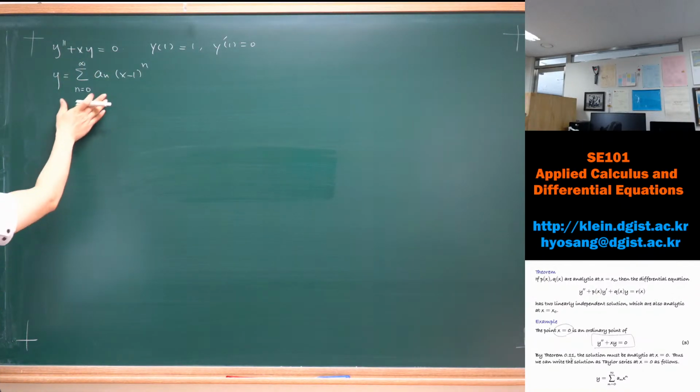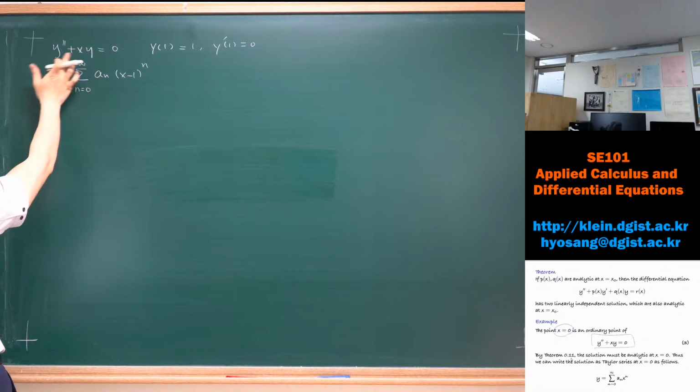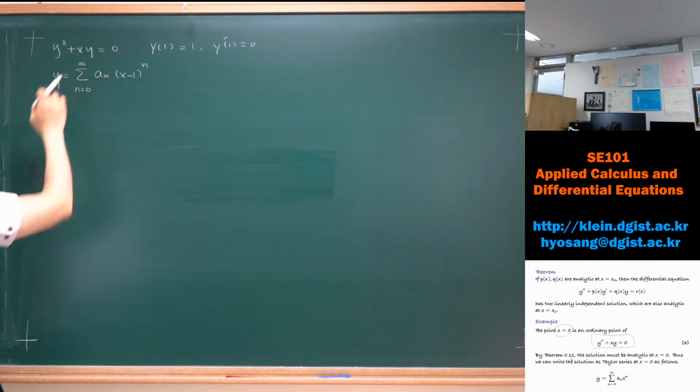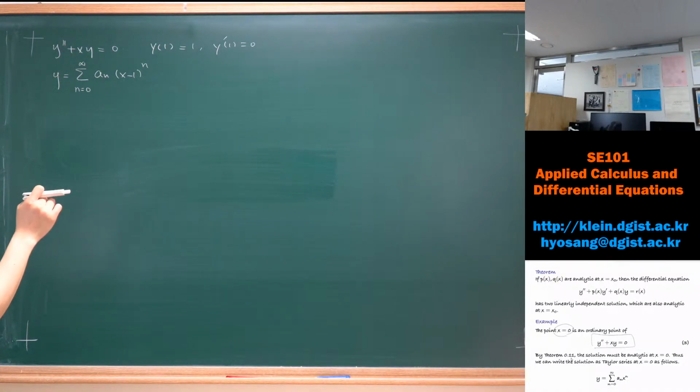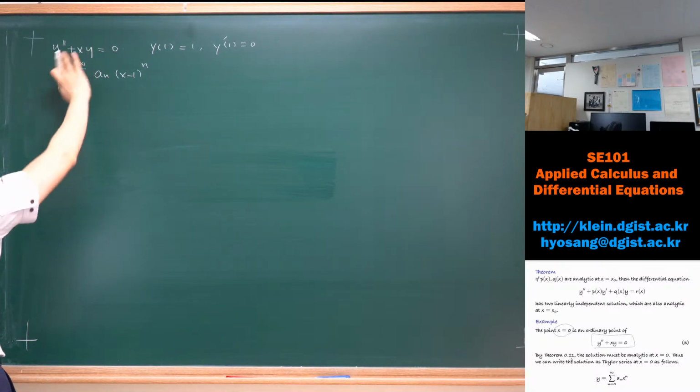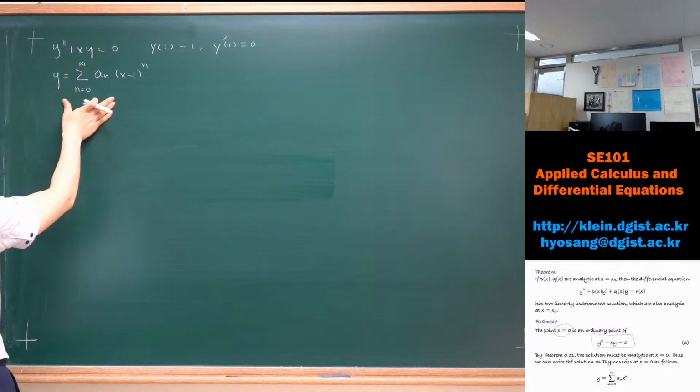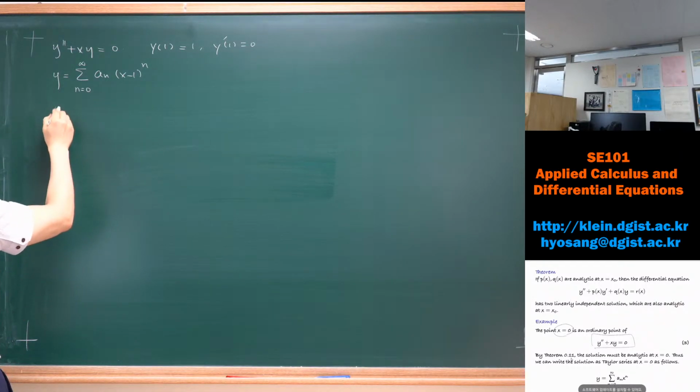If you have such a formula, then it assumes that 1 is an ordinary point of this differential equation, which is true because x, which is a polynomial, is analytic at every point. So 1 is obviously an analytic point of x, and the other coefficients are 0. So every real number is an ordinary point, an analytic point.